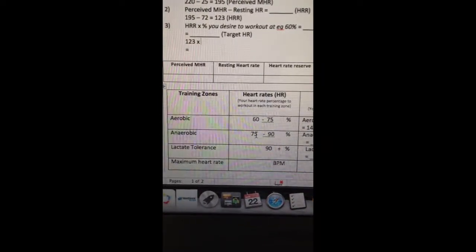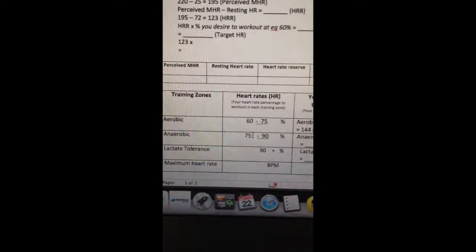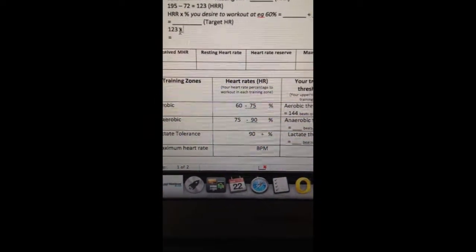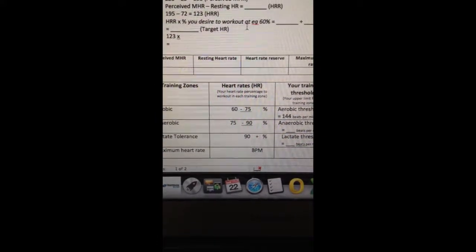What I want to find out now is my anaerobic heart rate. So what do I need to be working at to be working anaerobically? Well, I'm just going to use 75% because that's the minimum one. You can use anything in between 75 and 90. So I've got 123 times 75%. Now remember, I don't want to just put 75 because you need to convert it to decimals.